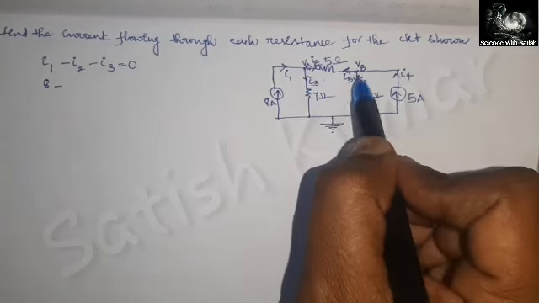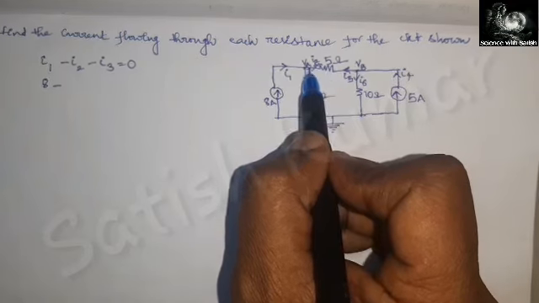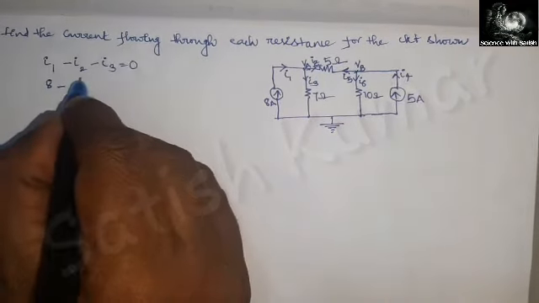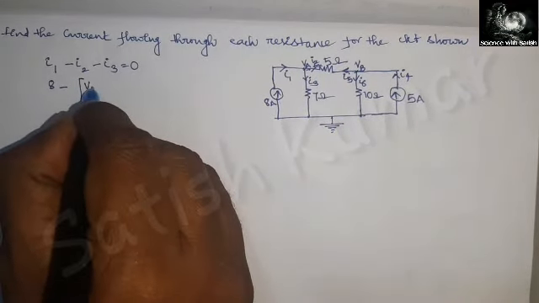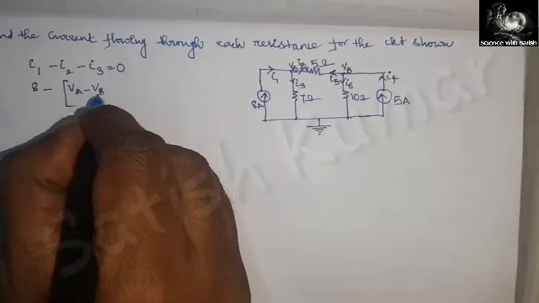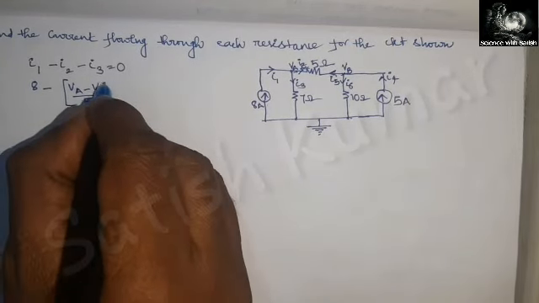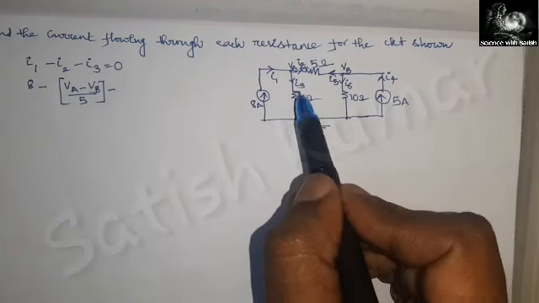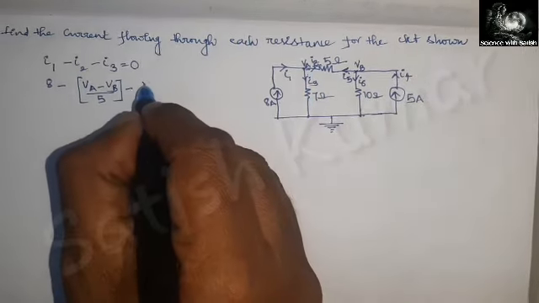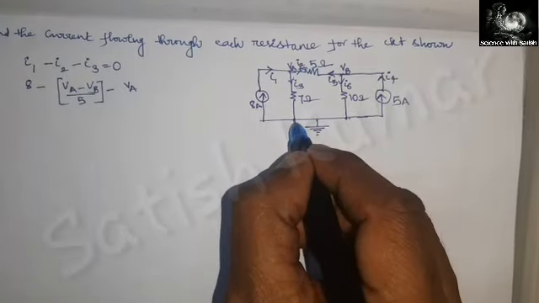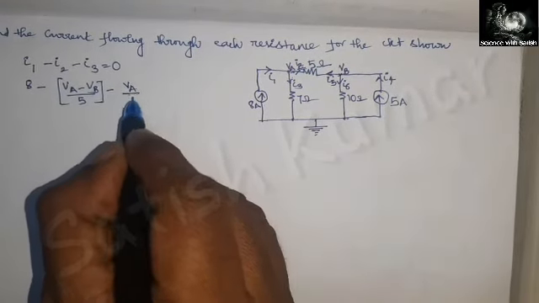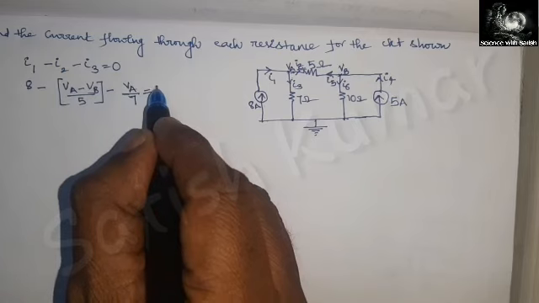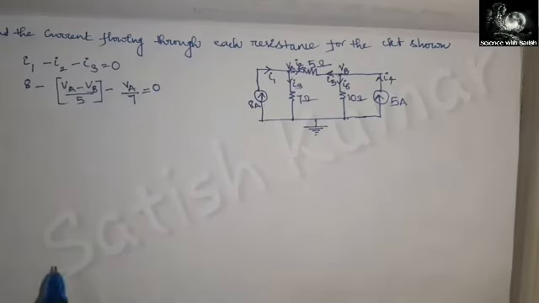So this is high potential, this is low potential, that's why current is flowing from VA to VB. So I2 can be written as VA minus VB by the resistance 5 ohms, minus I3. I3 is the current flowing through 7 ohm. So here the voltage is VA and at this node the voltage is 0, so need not write, and it is VA by 7 is equal to 0.